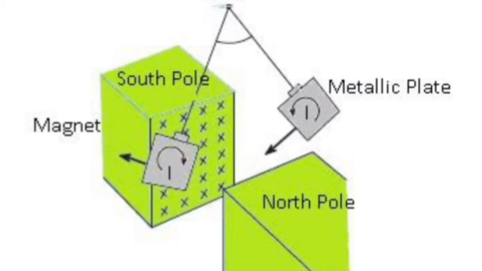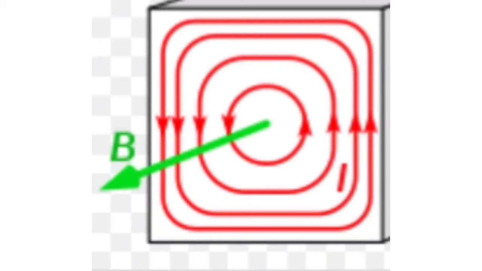You can see that we are applying a magnetic field from North Pole to South Pole, and our metallic plate is oscillating in between these poles. As the metallic plate enters the magnetic field, the flux associated with the metallic plate changes, and that creates a current which has a swirling pattern like that of eddies in water.